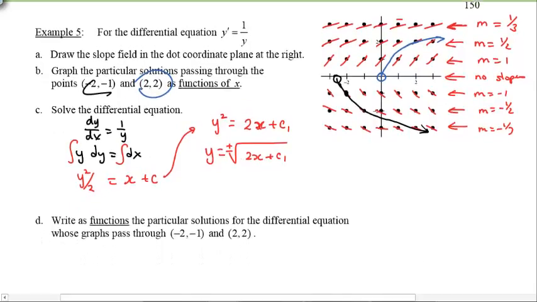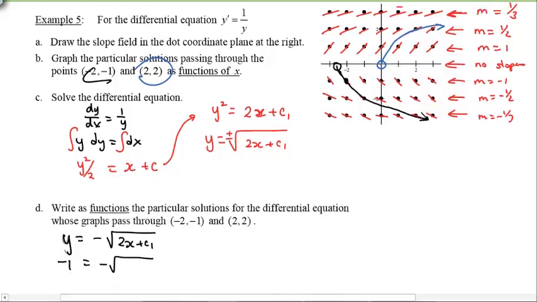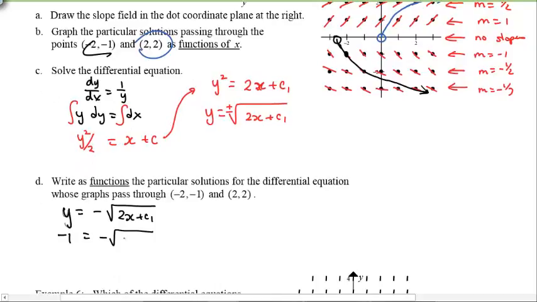So once again, the one in black, I'd probably choose the square root with the negative in front of it, y equals negative root of 2x plus c1. We'll plug in the point. Negative 1 equals negative the square root of 2 times negative 2, so negative 4 plus c1.